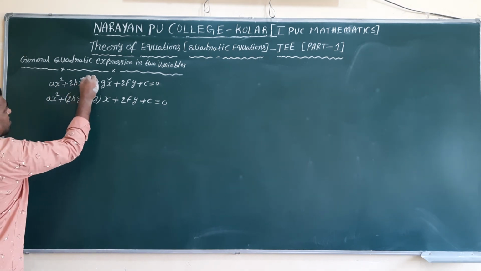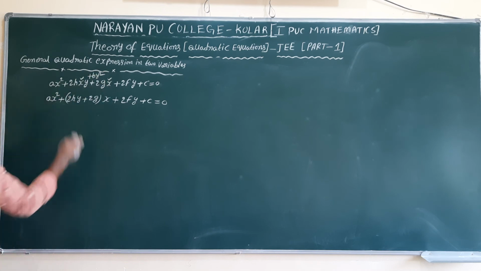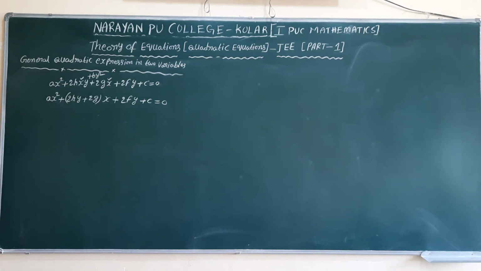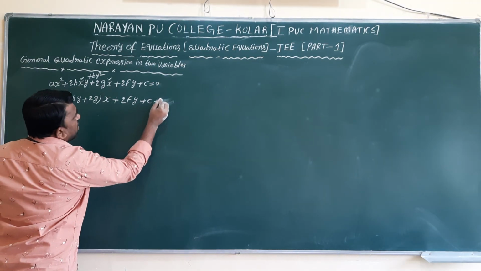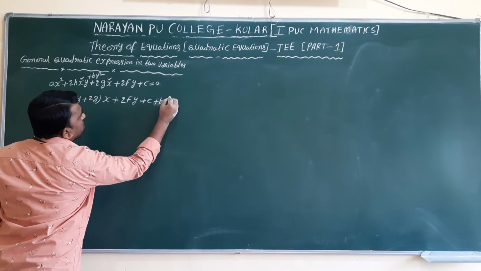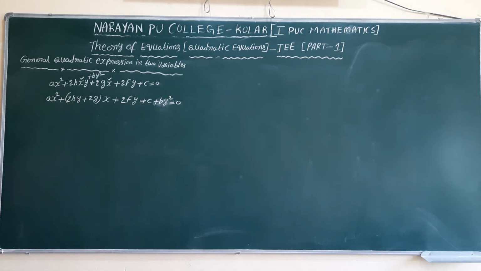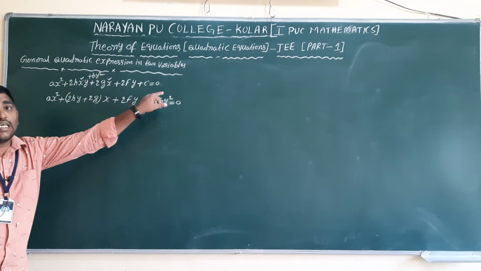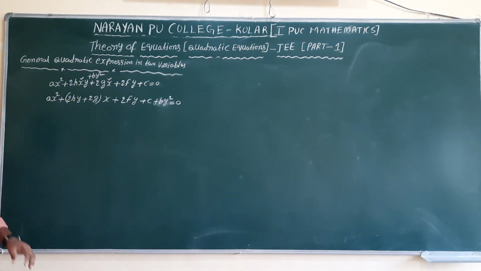So here by square is there: ax square plus 2hxy plus by square plus 2gx plus 2fy plus c equal to 0. This is the general form of the quadratic equation in two variables.